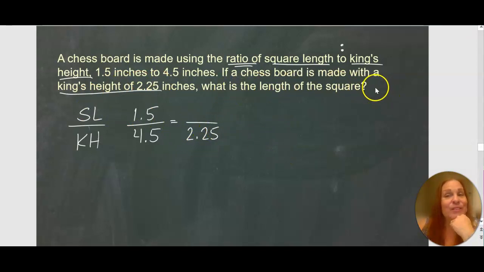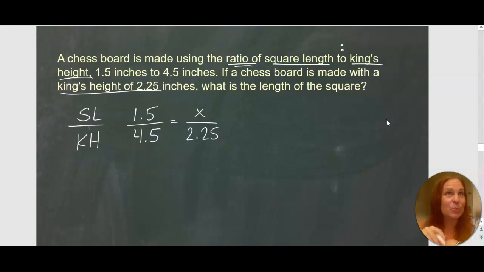What is the length of the square? So we don't know this. Now, some of my super duper number sense sleuths are looking at this and may be noticing that 4.5 divided by 2 is 2.25.